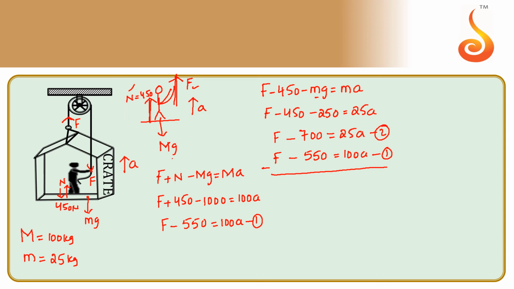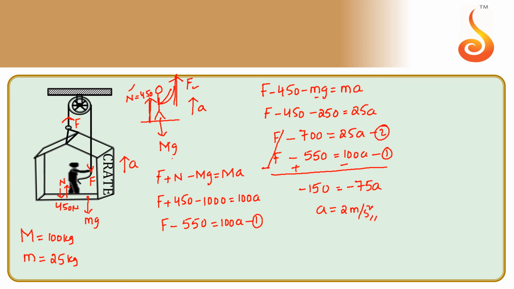By subtracting, what do we get? These two forces get cancelled. 700 plus 550 will give minus 150 is equal to minus 75A. Therefore acceleration will be 2 meter per second square.